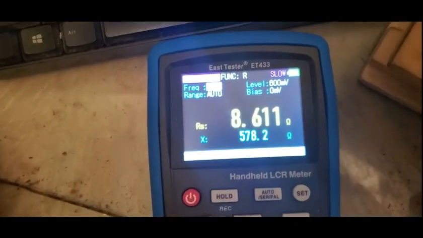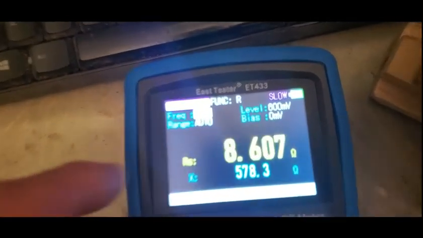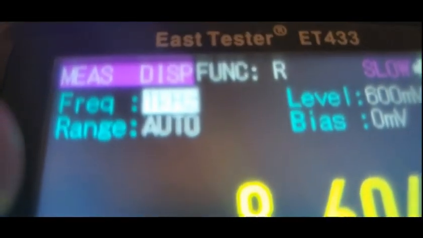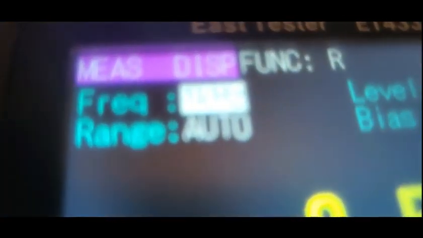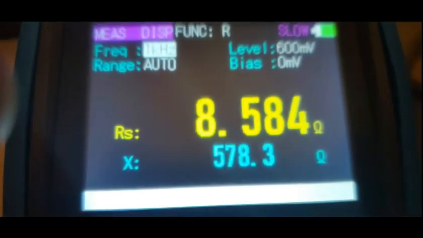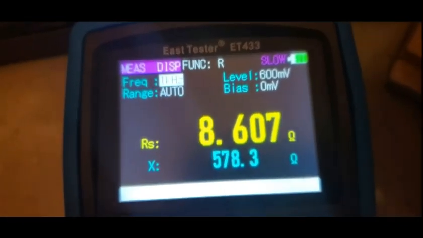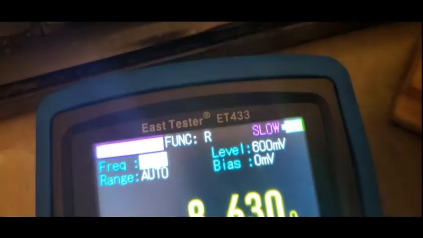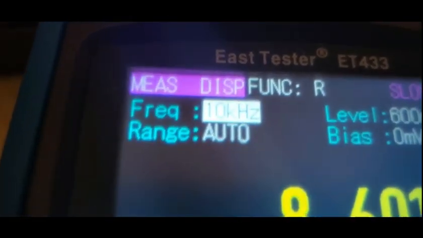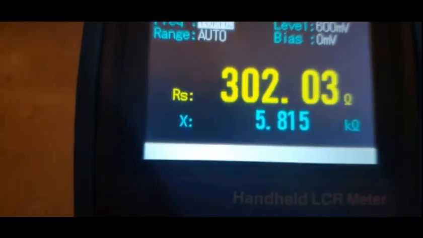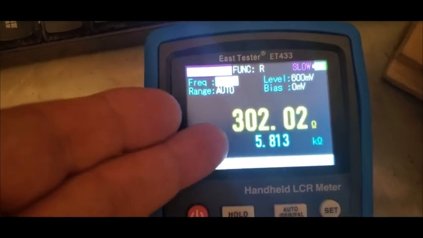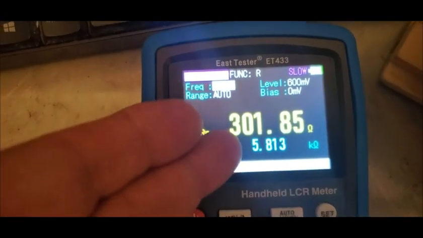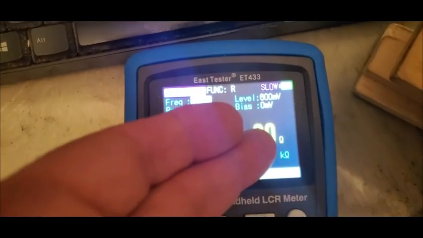So let's just think this through for a minute. If it were at, sorry that it's not showing up well, 1 kilohertz, and we have 8.5 ohms resistance, and then we go to 10, and we have 300. When we were back at 1 kilohertz, the resistance was around 10.